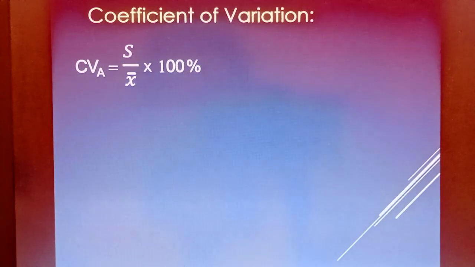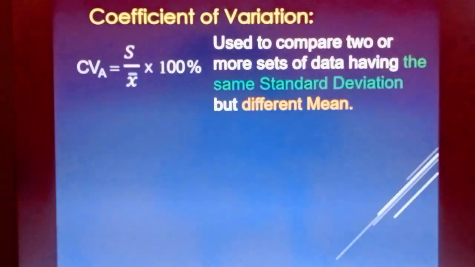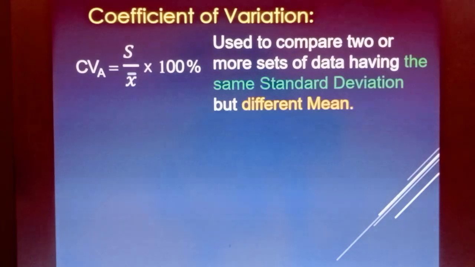So, the coefficient of variation is S divided by the mean multiplied by 100%. S means the standard deviation. So this is used to compare two or more sets of data having the same standard deviation but different mean.